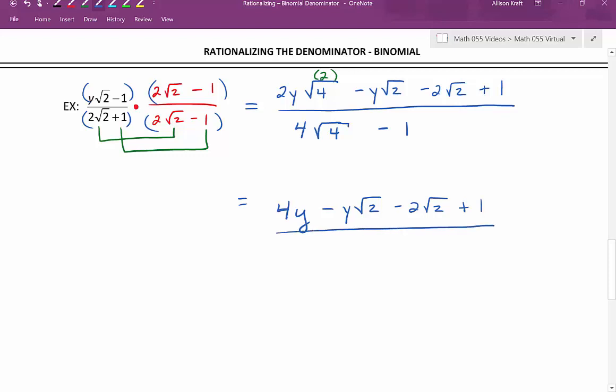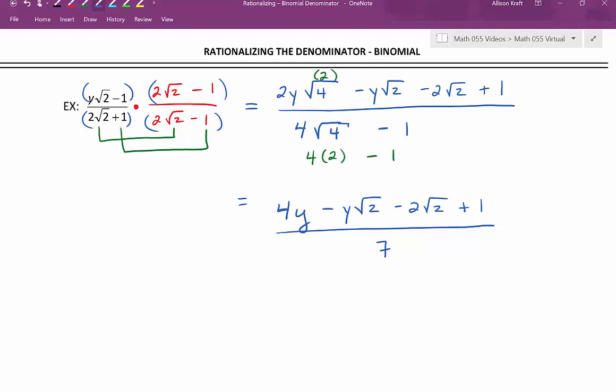In the denominator, I know my radical is going to simplify. It has to. Whole point of what we're doing. Square root of 4 is 2. So we have 4 times 2 minus 1 in the denominator. So that's 8 minus 1, which is 7.